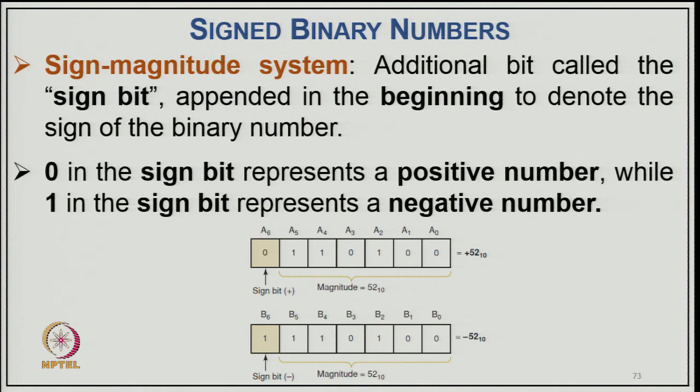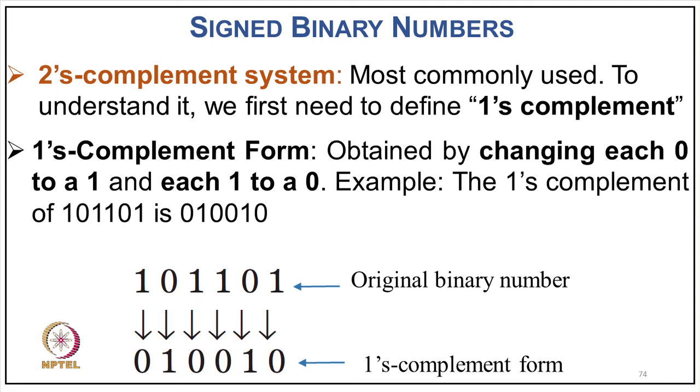So, the most significant bit we take as the sign bit, 0 or 1. 0 represents plus and 1 represents minus. There is a reason for that, which we are going to discuss now. The second, the 2's complement system or 2's complement number system, is the most commonly used. To understand it, we must first define the 1's complement. The 1's complement form is obtained by changing each 0 to 1 and each 1 to 0.